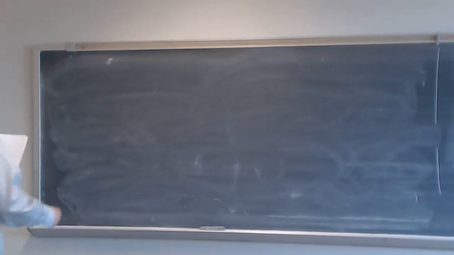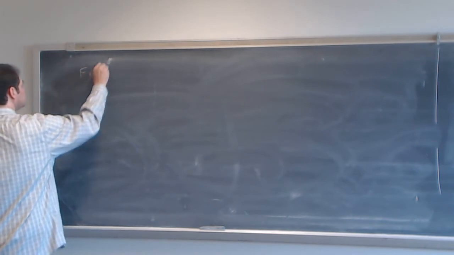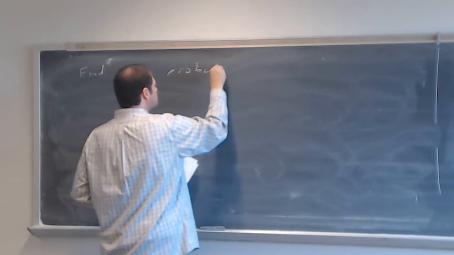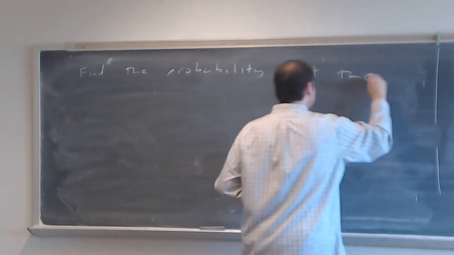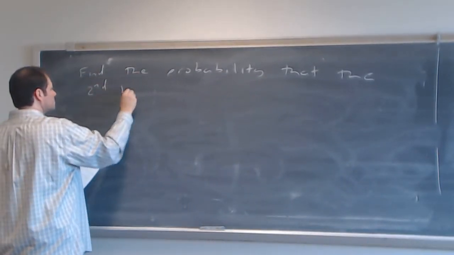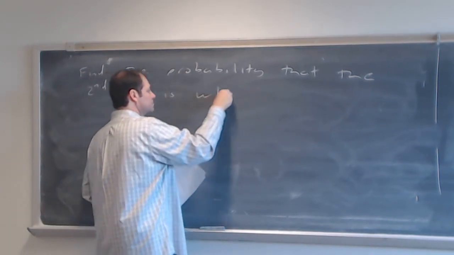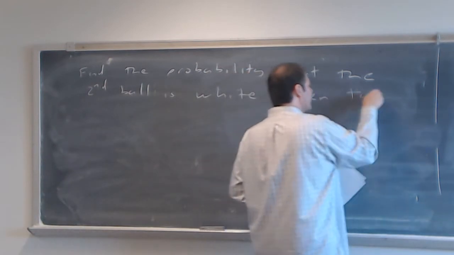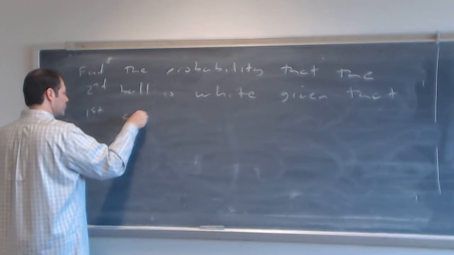Okay, and so what we're trying to find is the probability that the second ball is white, given that the first ball was red. First chosen ball is red.